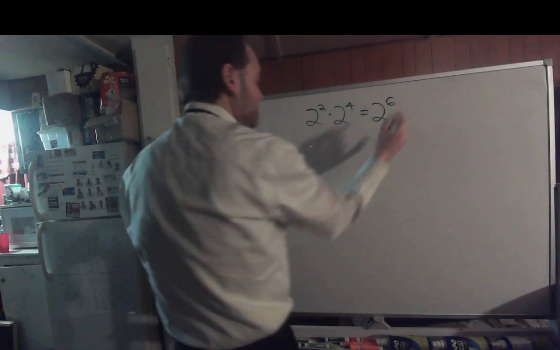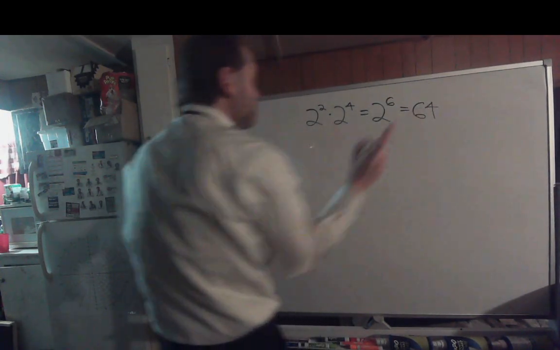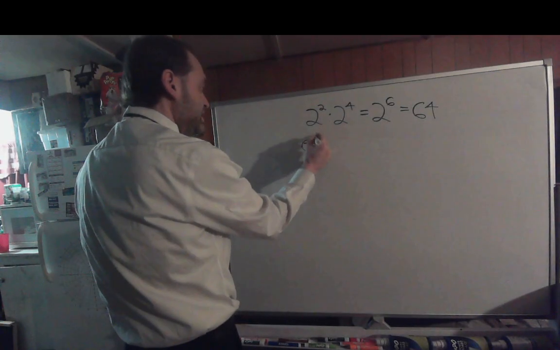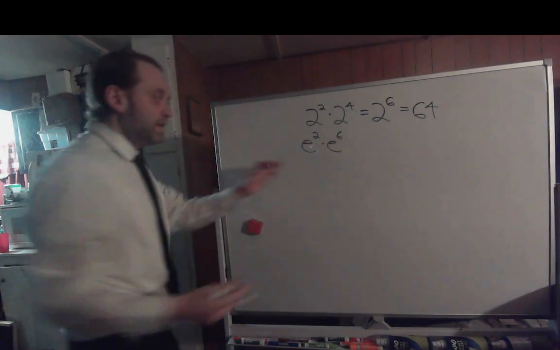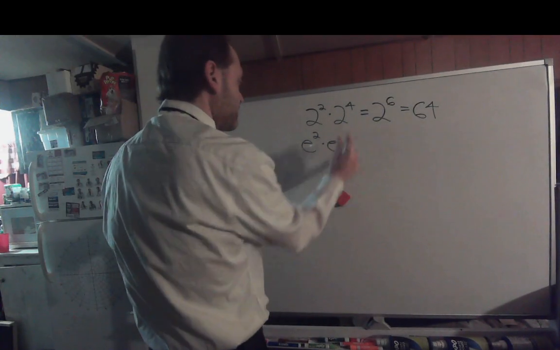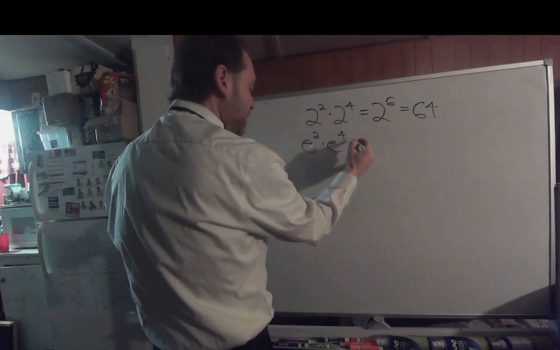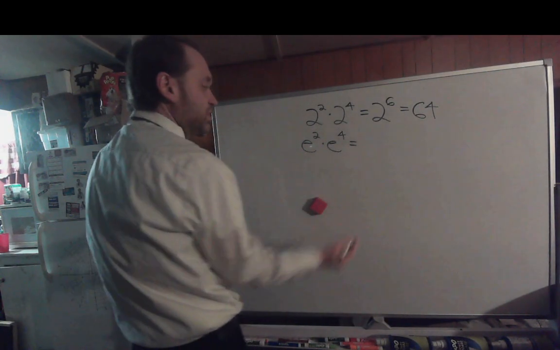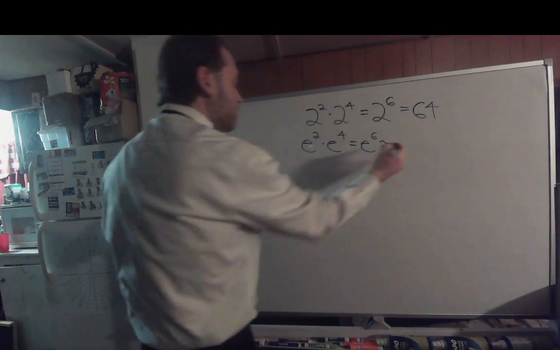That'd be 2 to the 6th, which as we know would give you 64. But what if we did it with e to the 2nd times e to the 4th? It's just going to be the exact same process. That, of course, would give you e to the 6th, which now we'll get a decimal approximation for.